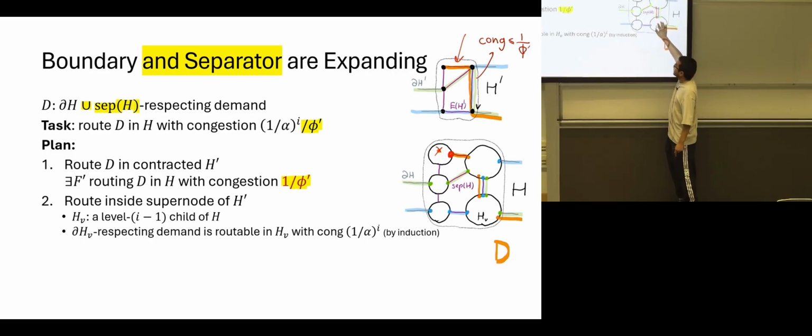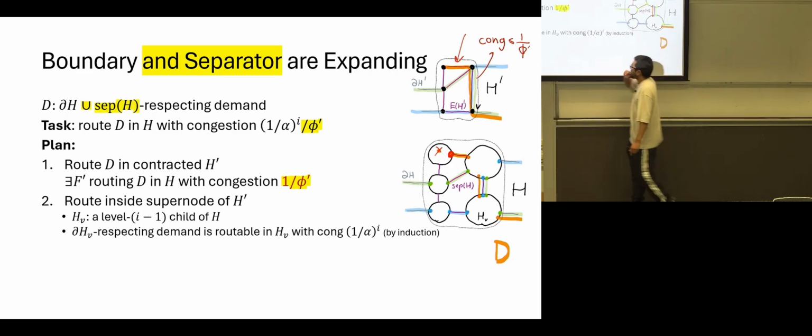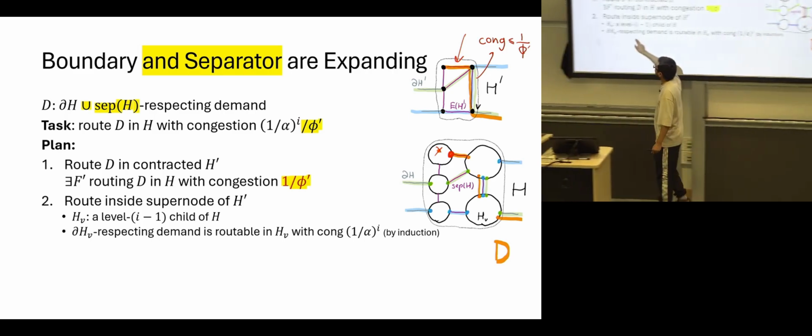There's no demand inside the supernode. It's only between battery of the supernode. And from step 1, we know that if the demand is only between battery, the congestion depends only on alpha, not phi prime, right?